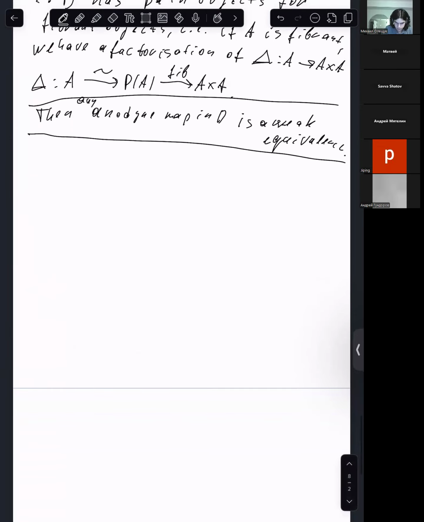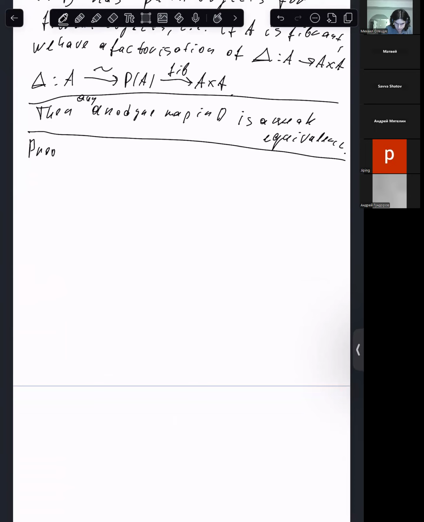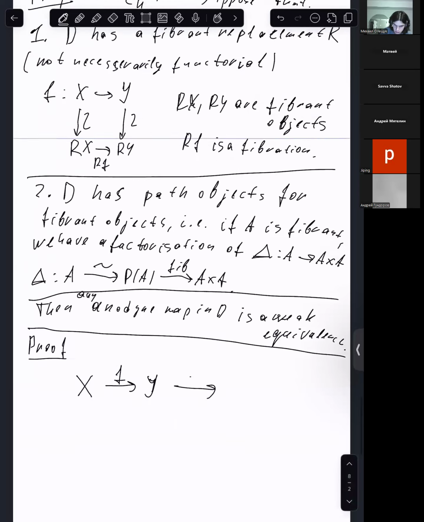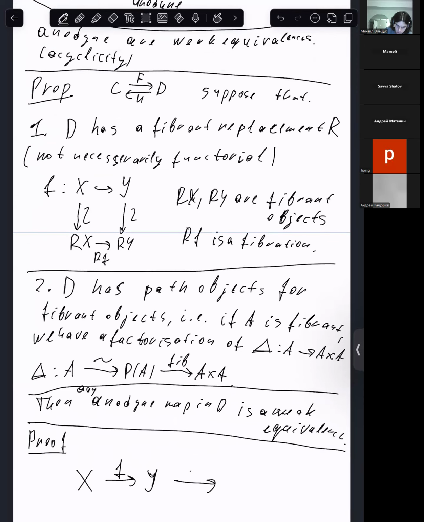The proof. Let's draw a big diagram. Let's call these inclusions, these maps from X to Rx, that are weak equivalences, JX and JY.